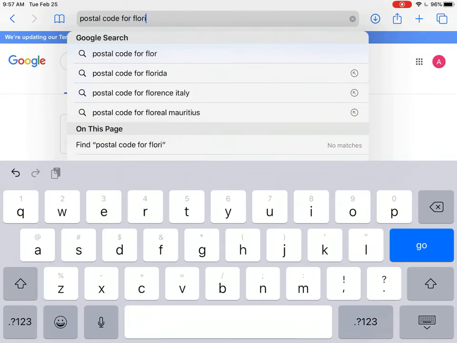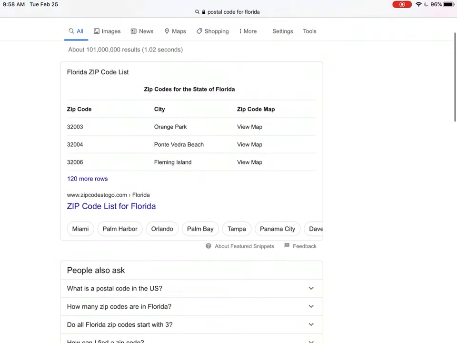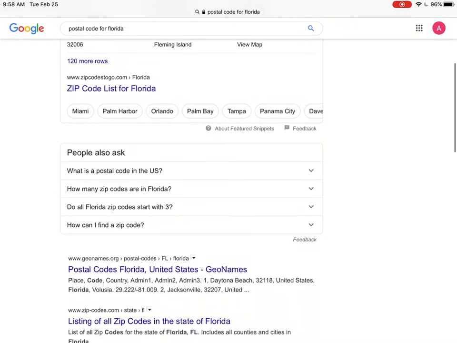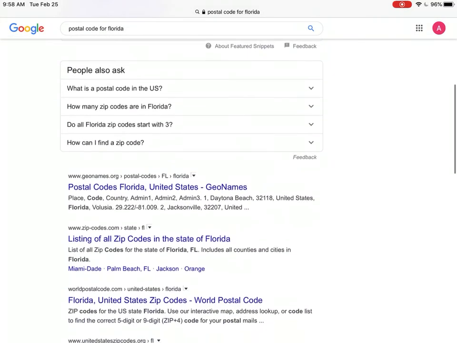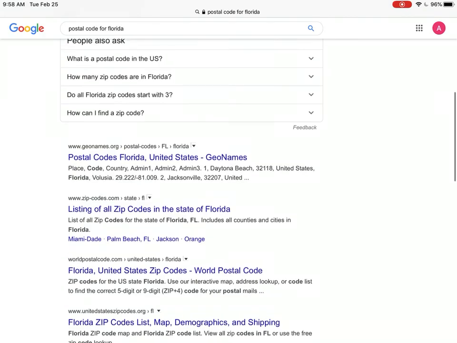Again, I'm not worrying about capital letters. They don't care about that on the internet, which is a little bit unfortunate. Okay, this gave me the zip code list for different places in Florida. That is not what I'm wanting to know. So I obviously need to rephrase my question.